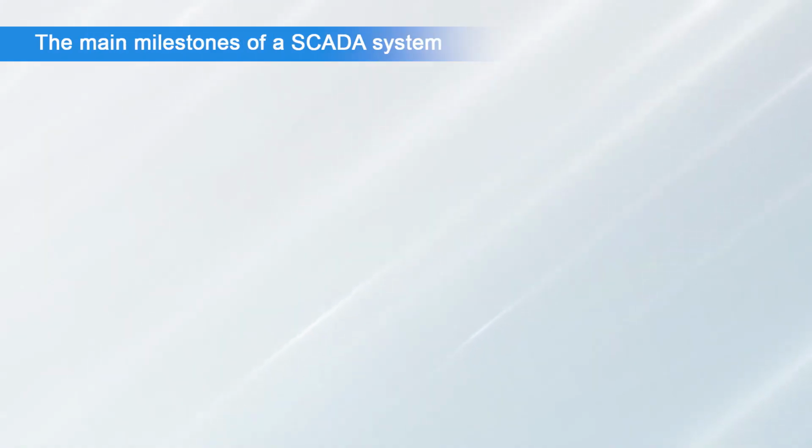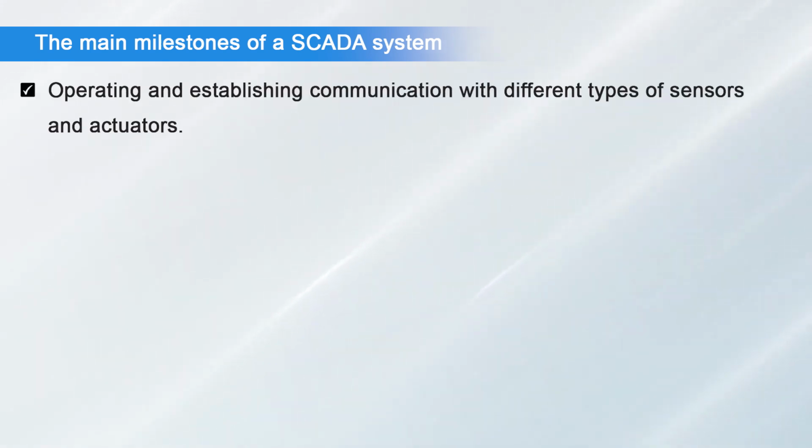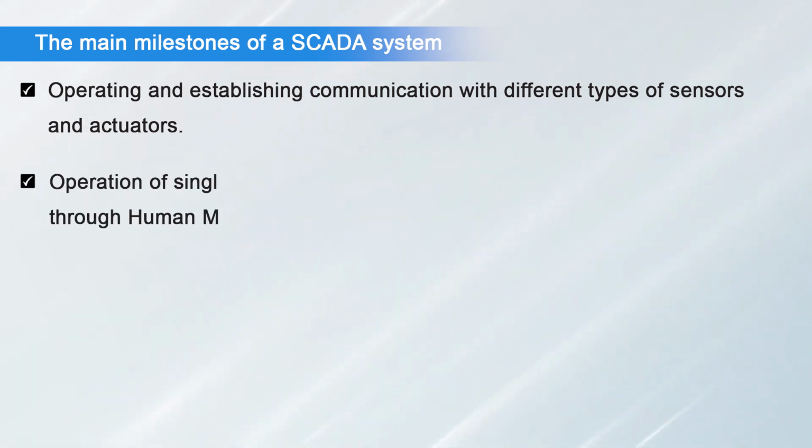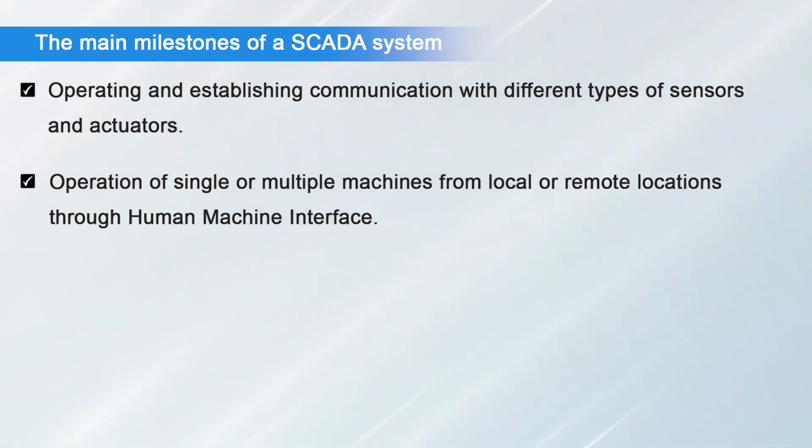The major milestones of a SCADA system are: first, establishing communication with different types of sensors and actuators. Next, the operation of single or multiple machines from a local or remote location through the human machine interface, HMI.